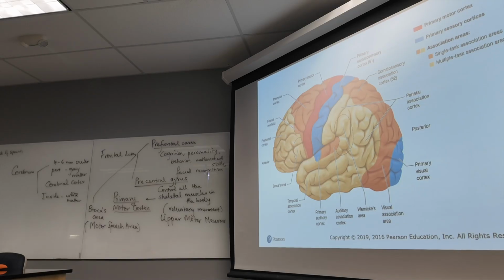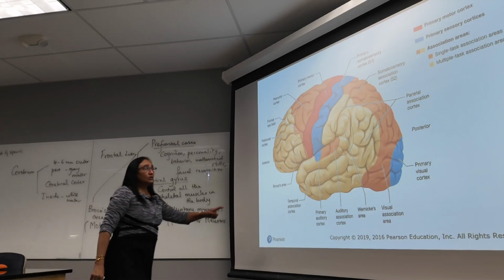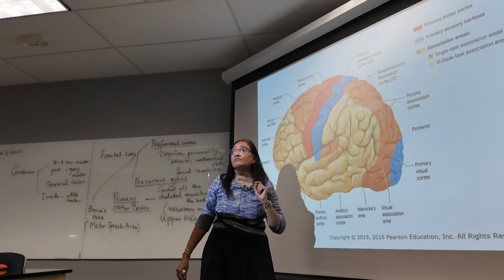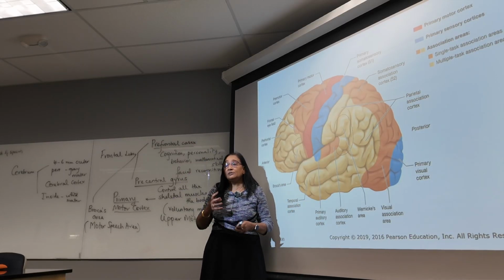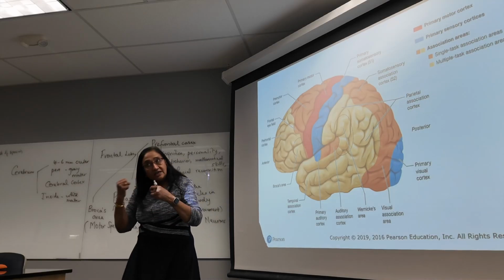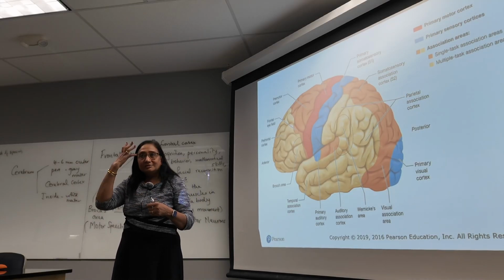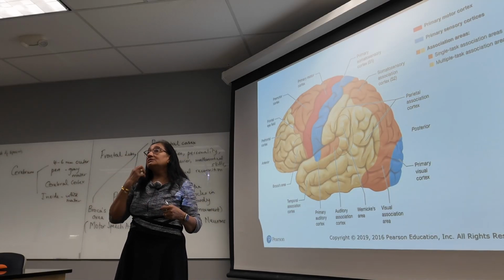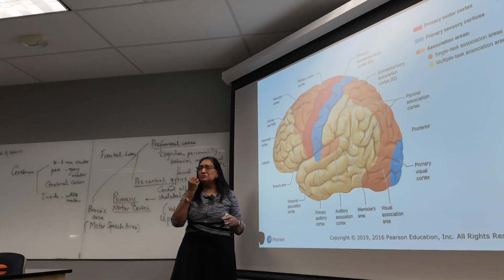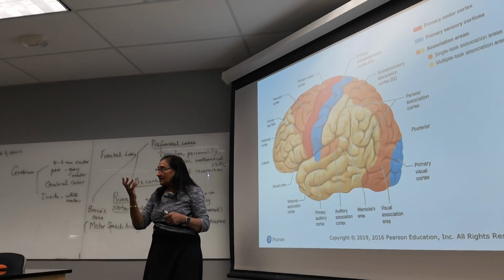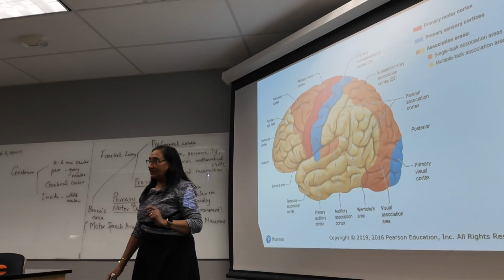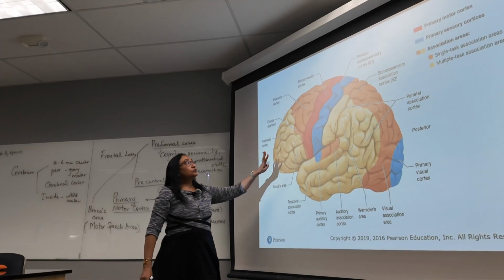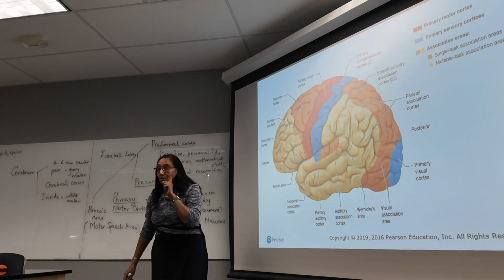That's why many elderly individuals who have a stroke have paralysis, and sometimes they're not able to speak. Their words are slurred and you can't understand. That's because these neurons are affected. So that is about the frontal lobe.